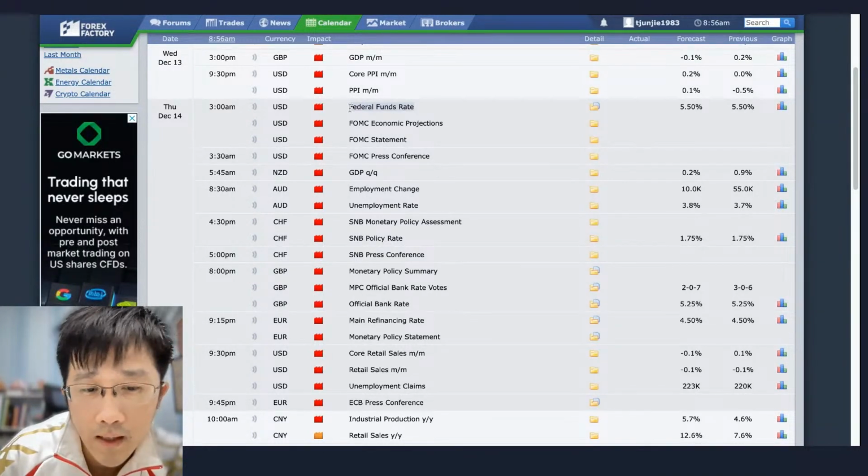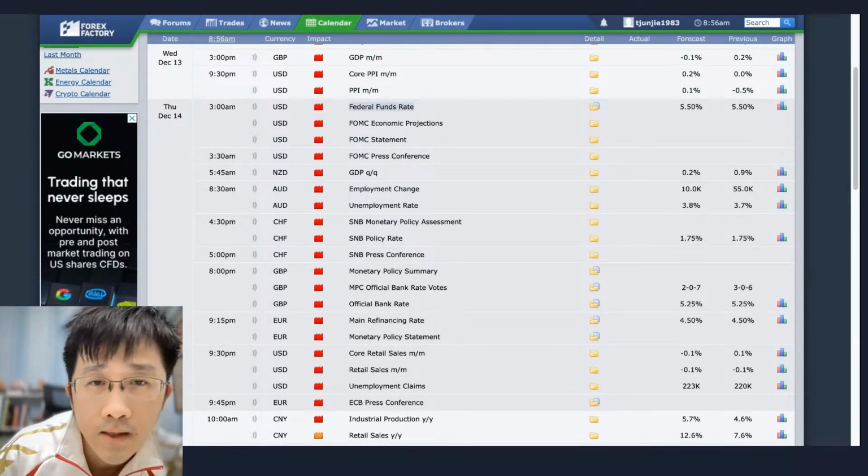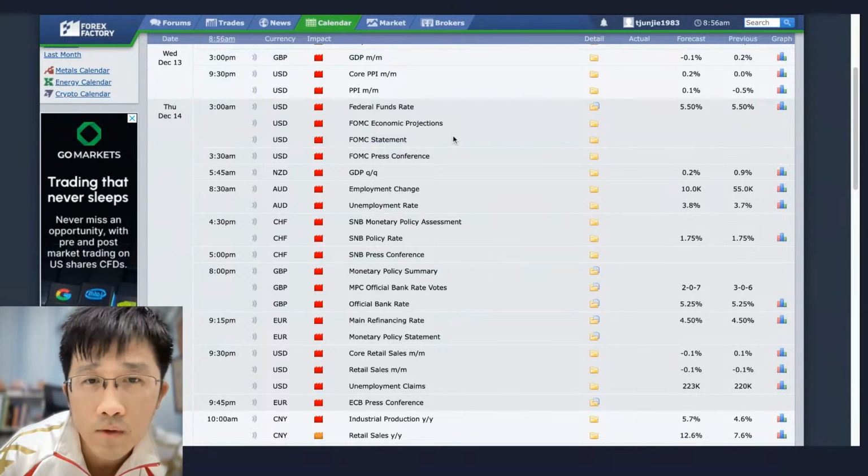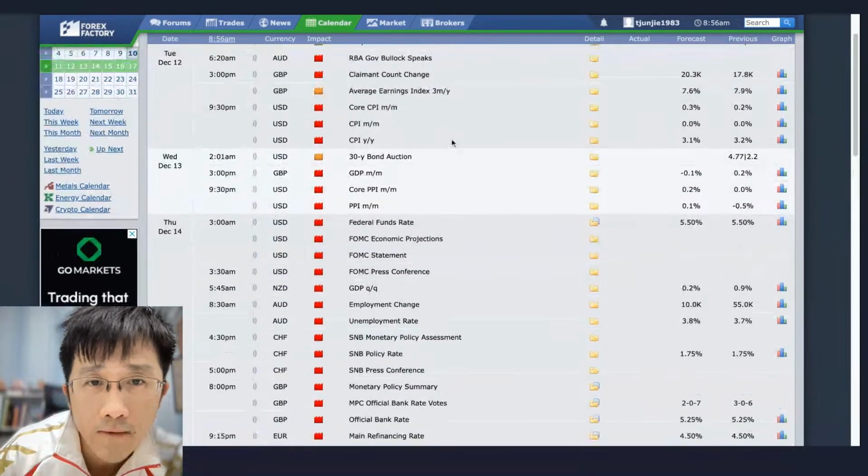All the other countries' currencies will be affected by this. They will take reference of this, whether it is going up, staying the same, or going down, and the statement will also affect the other currencies as well.